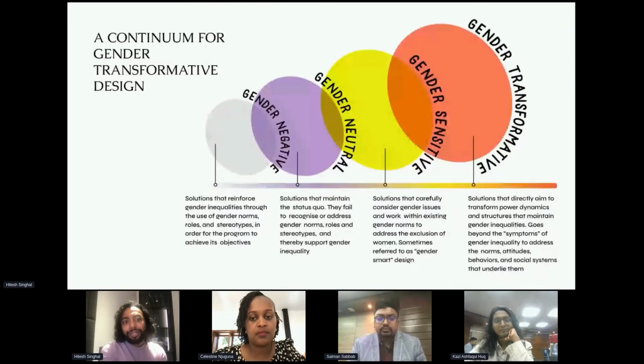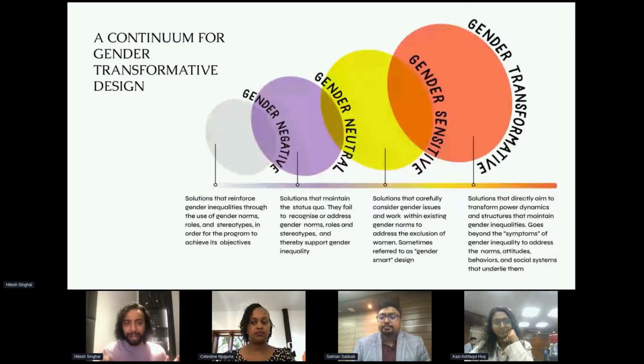Now, what are gender neutral solutions? Gender neutral solutions are those that maintain the status quo by failing to recognize or address the gender norms, roles and stereotypes that are upholding gender inequality. Going back to the savings tool, say this savings tool is available to everyone.